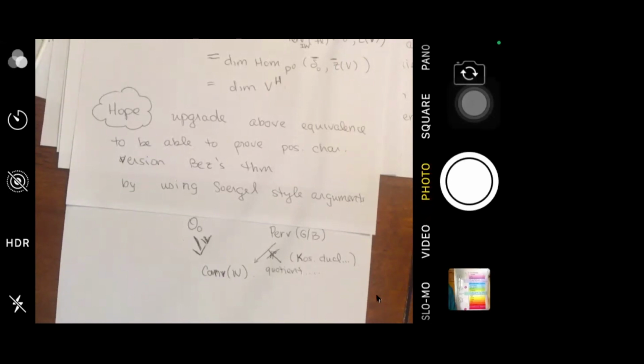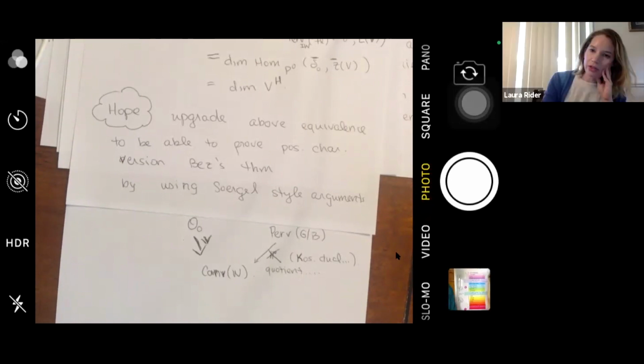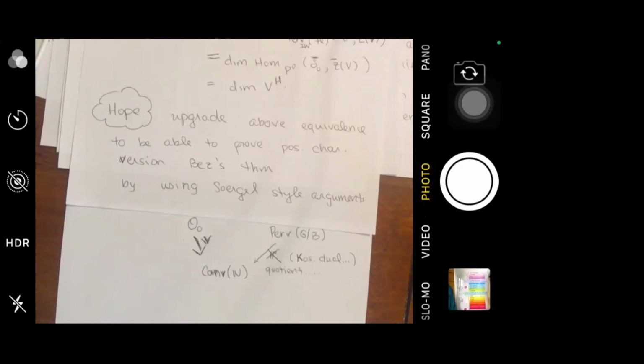Yeah, it's the exact same argument for the finite dimensional flag variety as it is for the affine flag variety. The problem is if you want to translate this into a statement about projectives, then you're in trouble. Okay, I understand. So there is some algebra that's not done there. Yes.